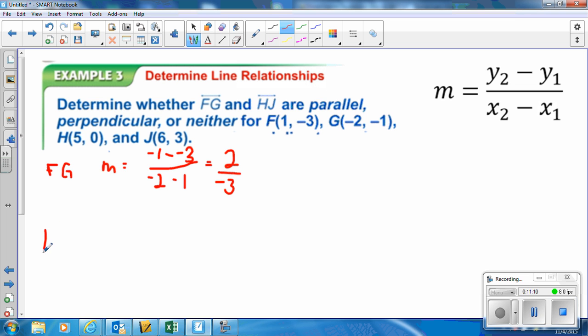Now let's figure out the slope of line HJ. Okay, identify my y2 first. My y2 would be 3. Then I'd have minus my y1, which would be 0 here.